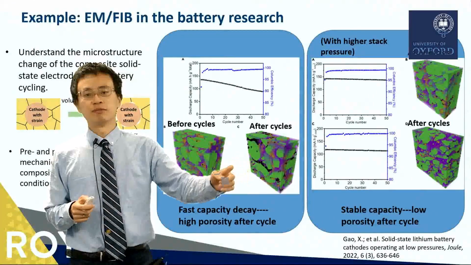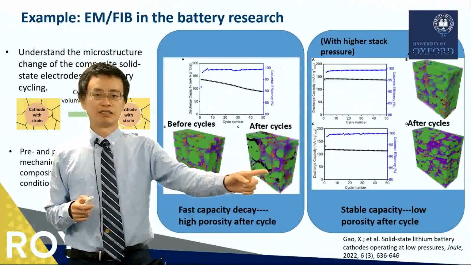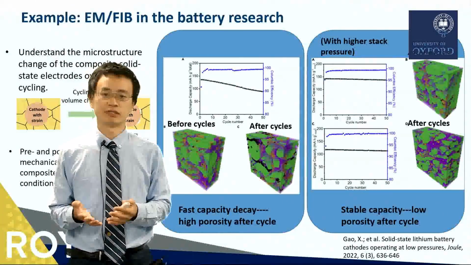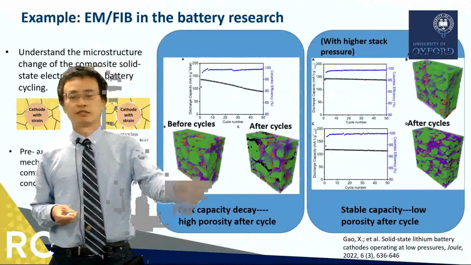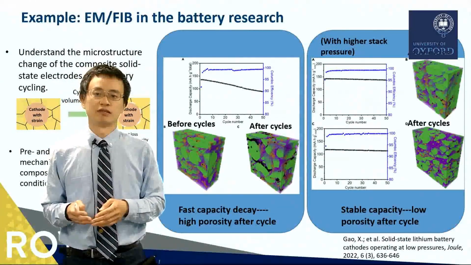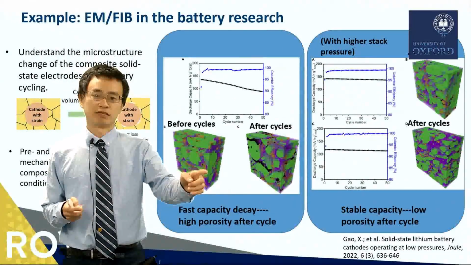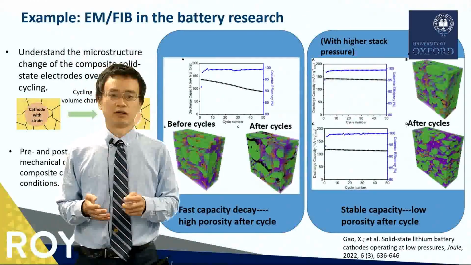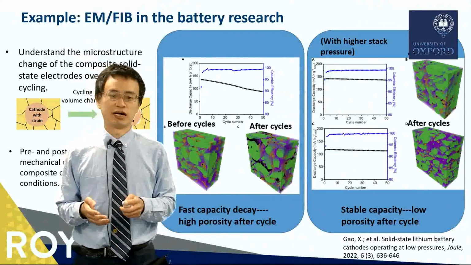These are the two images. One is before cycles and one is after cycling. This is both tested for the composite cathode. It is composed of different materials, so we represent them with different colors. The green section is the cathode active material. The purple and yellow are for the solid electrolyte, and the black part is for the empty space.